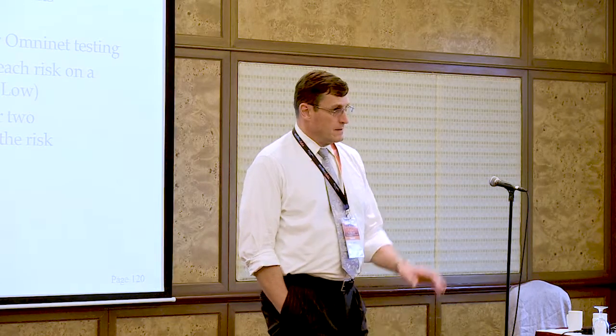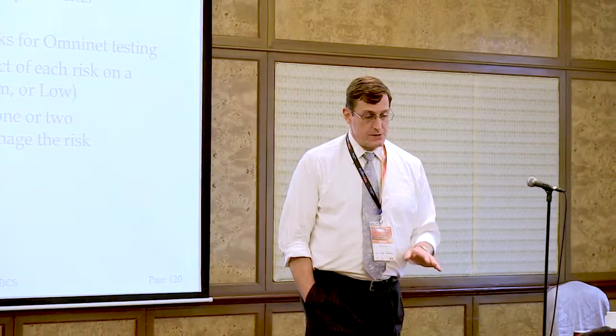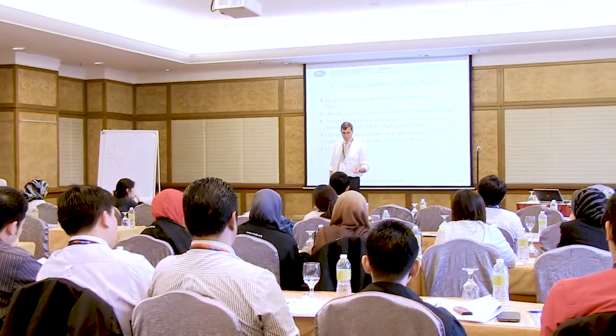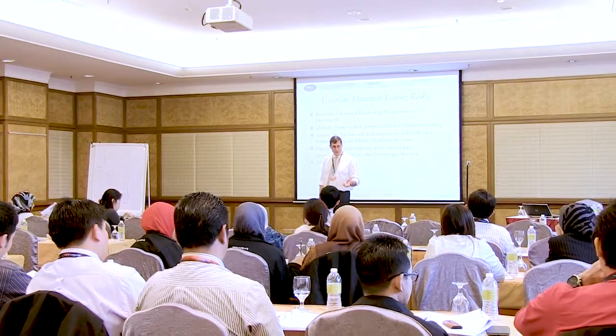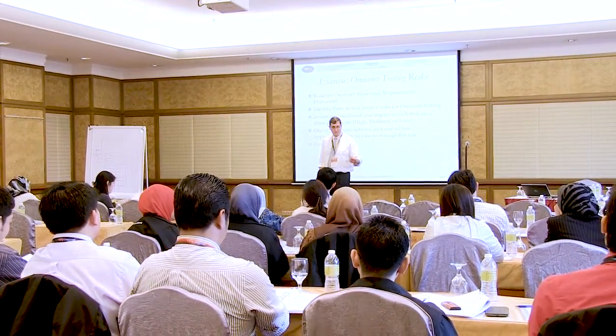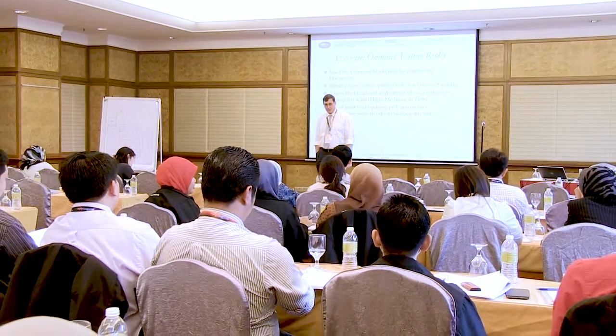Okay? Now, as a test manager, what you want to do with project risks is identify the test-related project risks, and put contingency and mitigation in place for the risks that are significant. Some organizations use this idea of a top 10 list, where they just look at the top 10 project risks, and you can use that approach if you want.